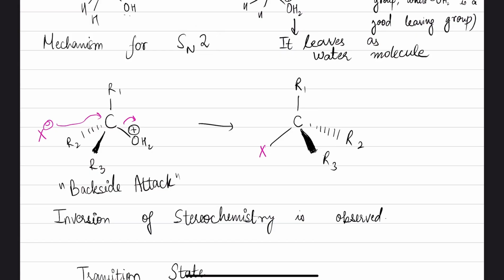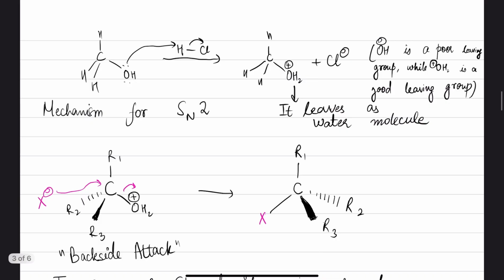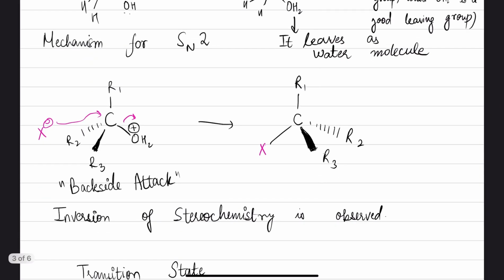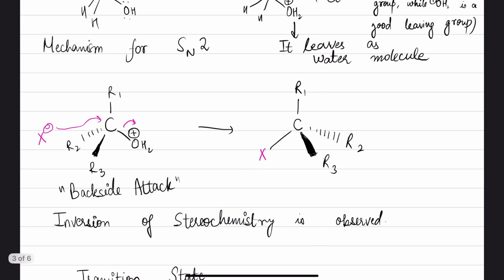SN2 reactions happen with a backside attack where the incoming nucleophile, this X minus, which can be any halogen like chloride or bromide, attacks our main carbon and the leaving group leaves simultaneously in a single step. So the incoming nucleophile comes and the outgoing leaving group leaves.